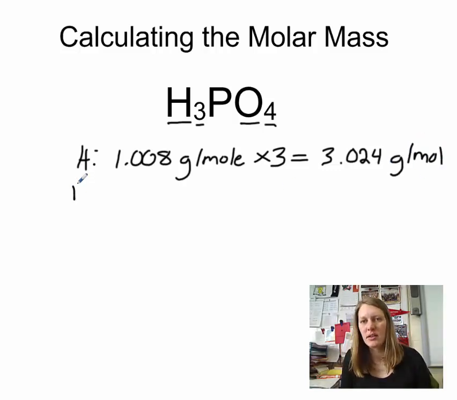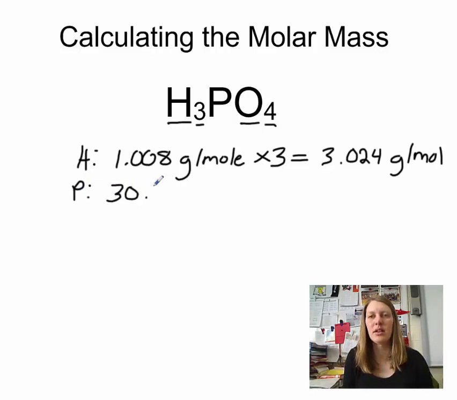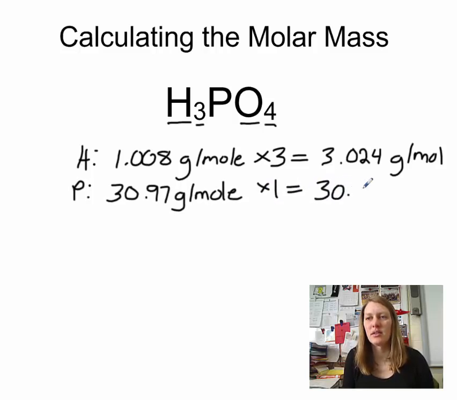For phosphorus, its molar mass is 30.97 grams per mole. And since we only have 1 atom of it, we can multiply it by 1, but we're going to, in the end, get the same thing. So we can just write that over here.